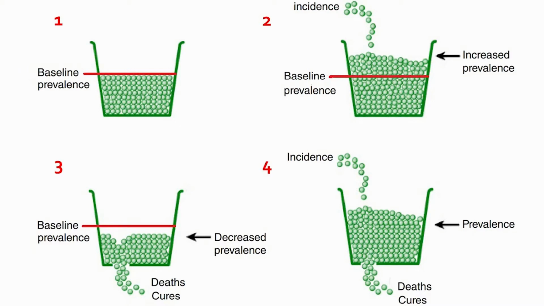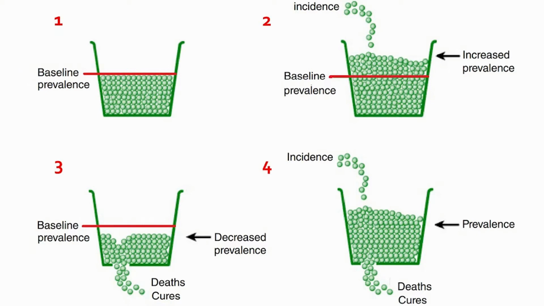And if we follow through, let's say that the death or recovery rates are happening fast enough, it means that the prevalence would decrease from the baseline because there are more cases going out, either dying or recovering, and therefore the prevalence would drop down.